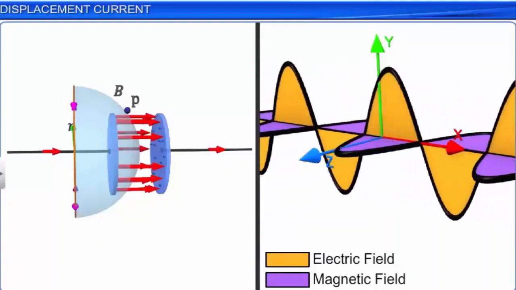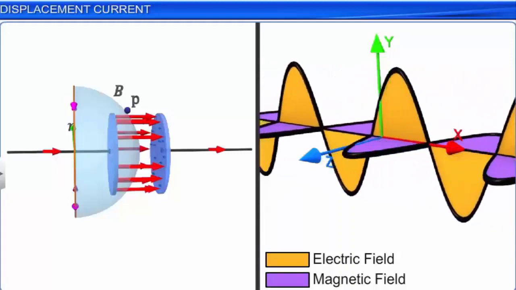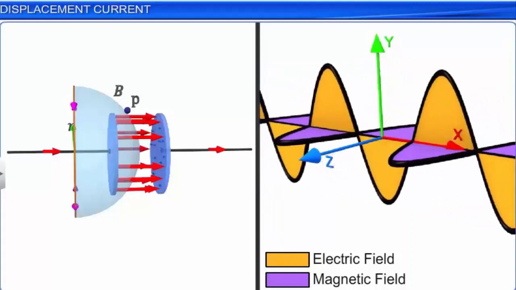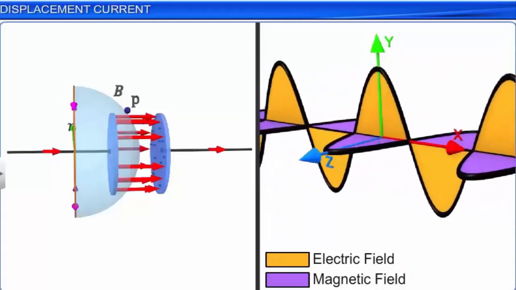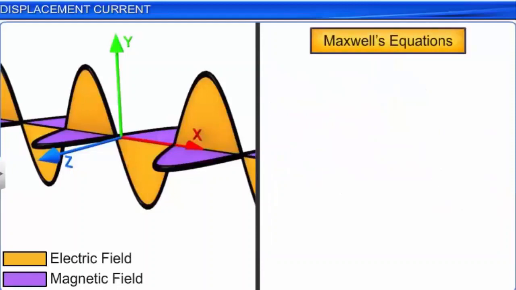Now, let us have a look at the set of equations originated from different sources that helped the study of electromagnetic waves. These equations are popularly known as Maxwell's equations. They are: the integral over the closed surface of E dot dA is equal to Q by epsilon naught.